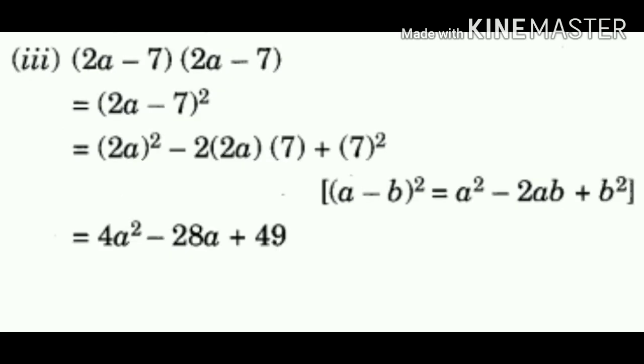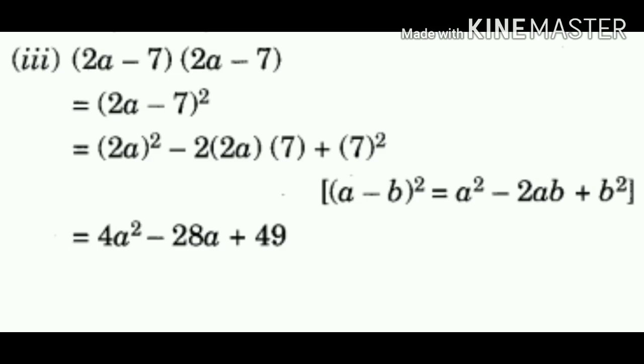Moving on to the second identity, which is (a minus b) whole square. We have the example of (2a minus 7) whole square, where a is taken as 2a and the value of b is 7. As we know, (a minus b) whole square is equal to a square minus 2ab plus b square.